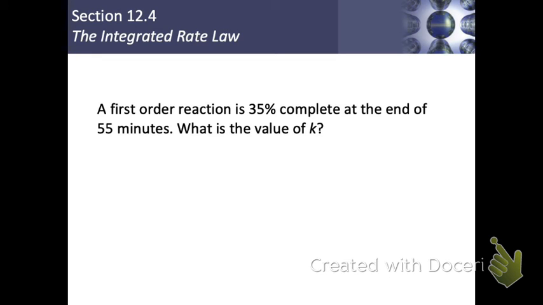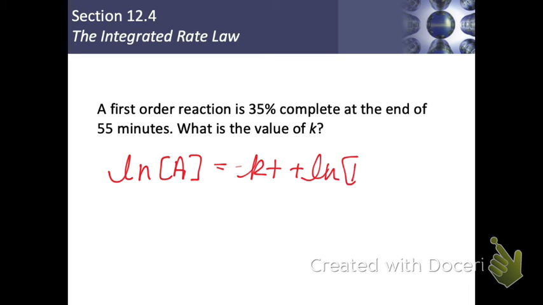So here's how I would set up the problem. I know that my first order reaction is going to have the equation natural log of A equals negative KT plus natural log of A initial. I don't know what my initial concentration is, but I can pick a really easy number to be able to compare this.